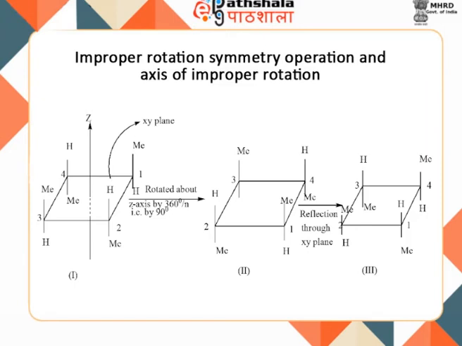Let us illustrate it taking the following example. In this example, the z-axis is the S4 axis of improper rotation because 1 and 2 are equivalent orientations.